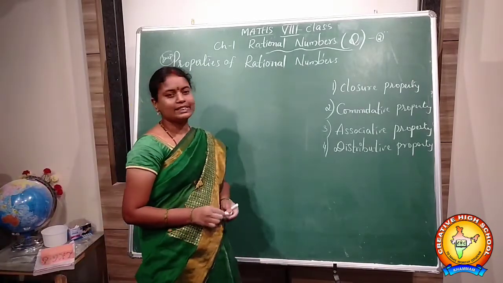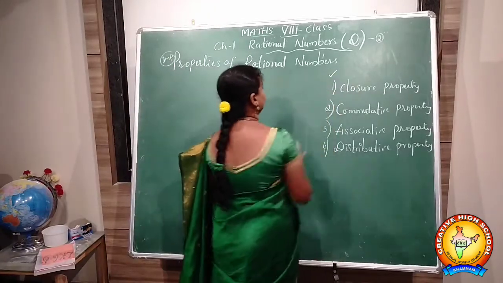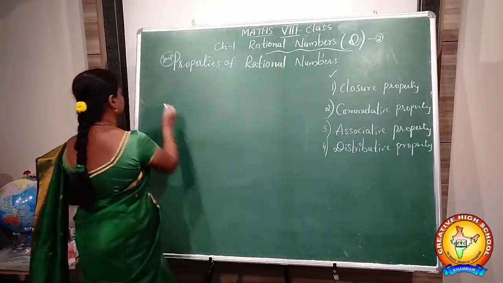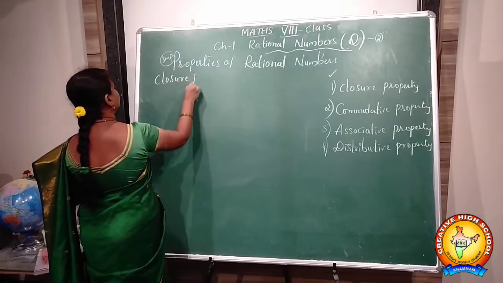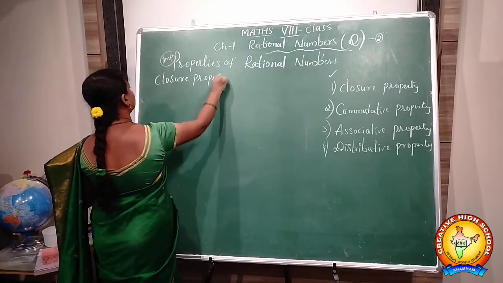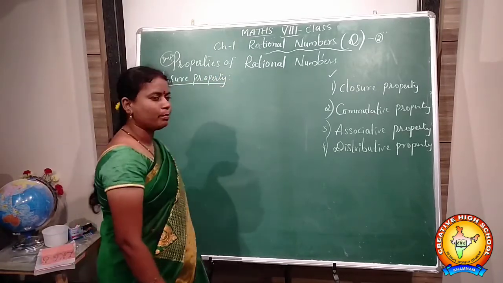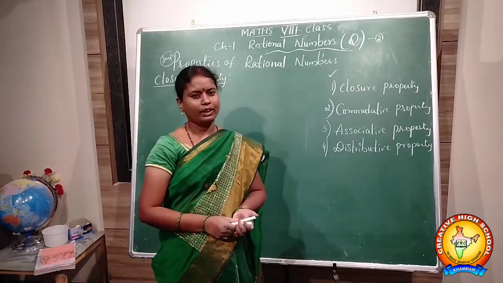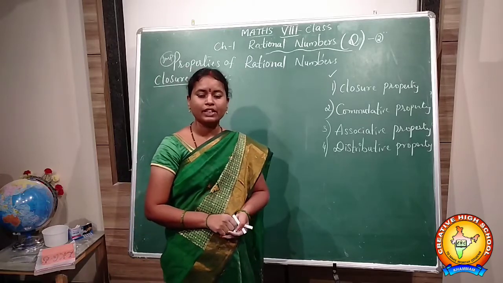So first, let us discuss the closure property. This closure property we will apply for four basic operations. What are the four basic operations?